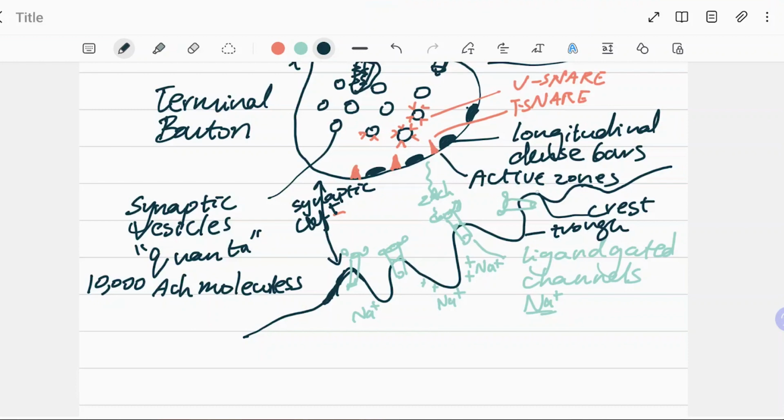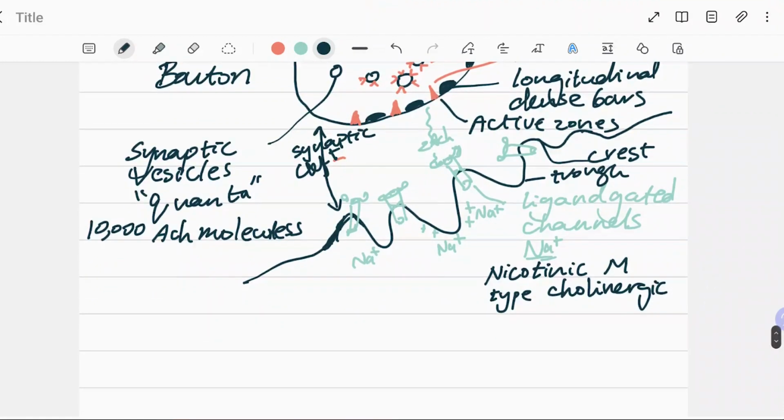Okay, so on top of the crests are concentrated these ligand-gated channels, and these are called nicotinic. Nicotinic M type cholinergic, because they are activated by both nicotine and acetylcholine.